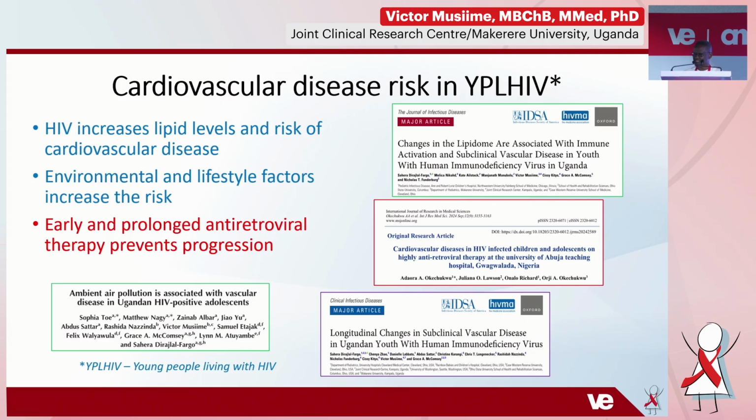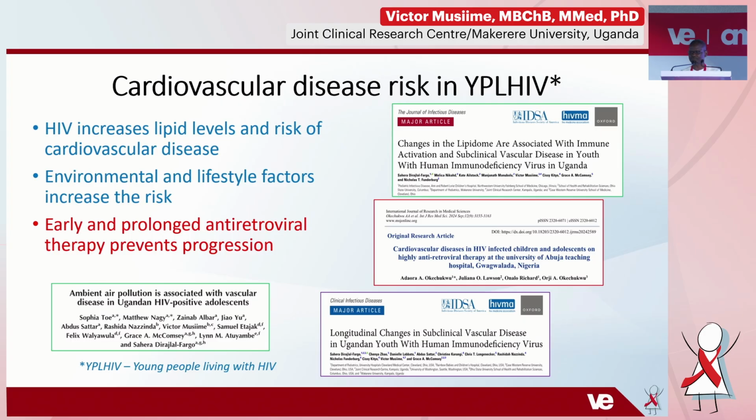We are seeing some changes, but very importantly, these changes are associated with some increase in lipid levels, and also a bit of increase in the thickness of their carotids, which could probably suggest a risk of cardiovascular disease.